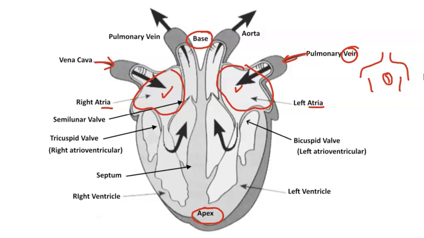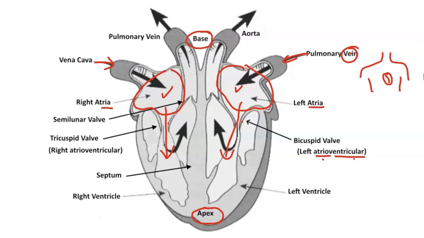This blood will then pass down into the ventricles on both sides, and the valves which allow that blood to pass downwards are called the atrioventricular valves.